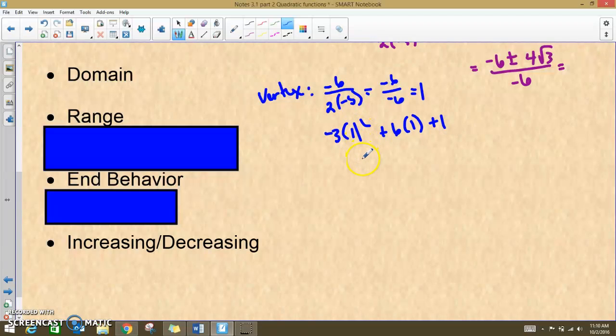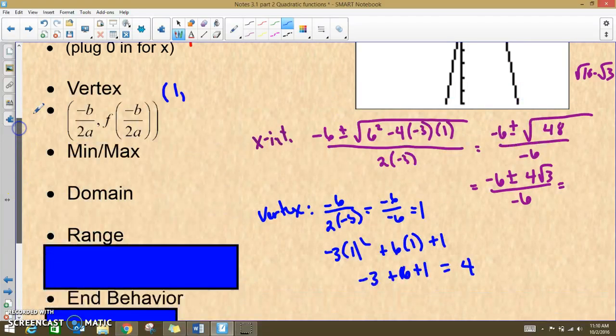Okay, so 1 squared is 1 times negative 3 is negative 3, plus 6 plus 1. So it gives us 3 plus 1 is 4. So that gives us the y-coordinate of our vertex. Okay, so our vertex would be at the ordered pair (1, 4).